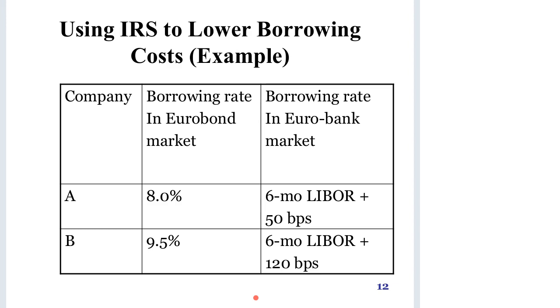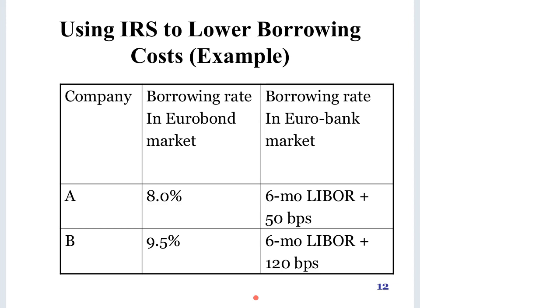But let's go back and look at this. In the fixed rate market, company A enjoys a benefit of 1.5% over company B, because company A can borrow at 8% and company B borrows at 9.5%.